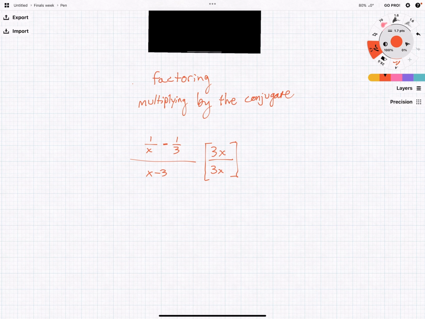So when we do that, we multiply this term by 3x, and in this case the x's cancel out, so we just get 3. Now we multiply this term by 3x, and in that case the 3's cancel out. So we have 3 minus x all over x minus 3 times 3x.